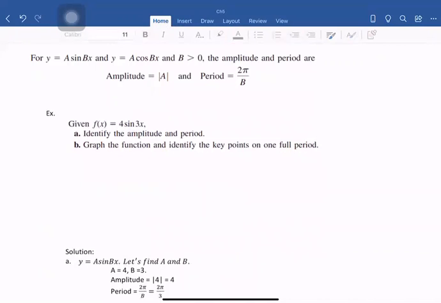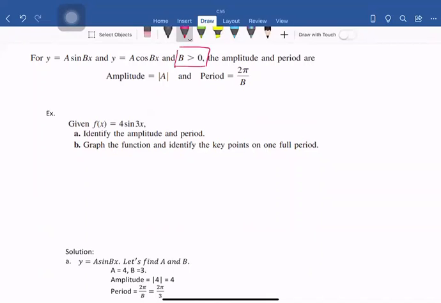For y equals a times sine bx and y equals a times cosine bx, with b greater than 0, the amplitude equals a and the period is 2 pi over b.